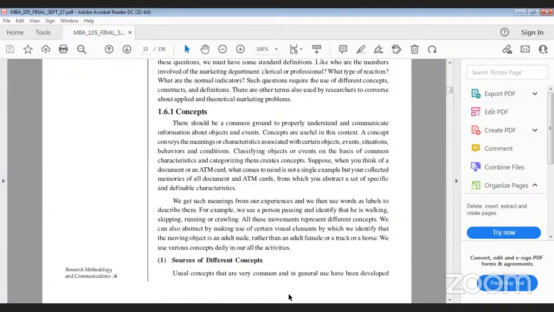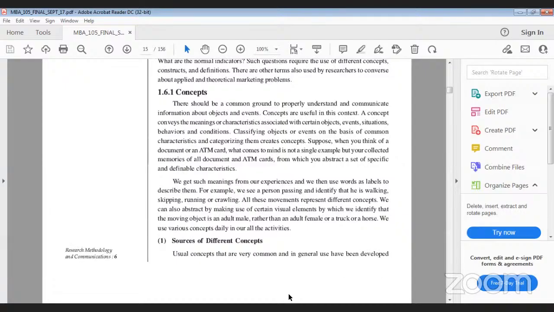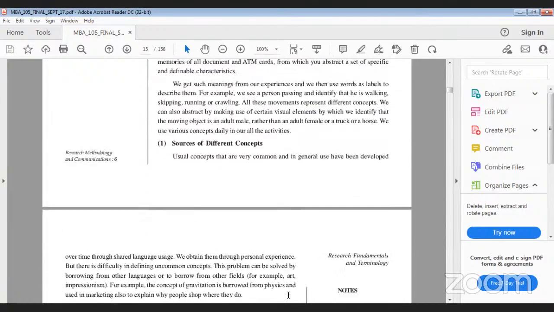Next, the source of different concepts. Concepts that are very common and in general use have been developed over time through sharing language use, and we relate them to personal experience. But there is a difficulty in defining uncommon concepts.